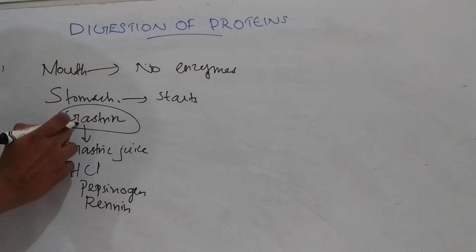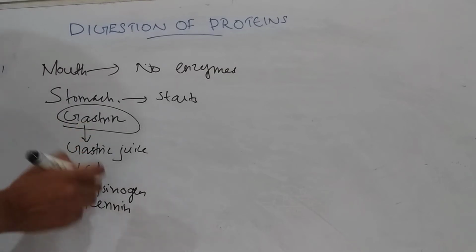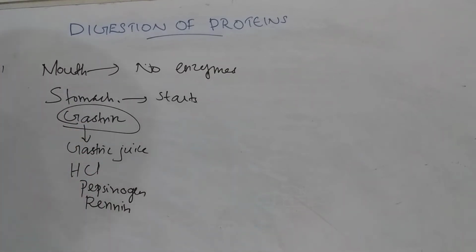This gastrin in turn stimulates the release of gastric juice, which contains HCl, pepsinogen and rennin.